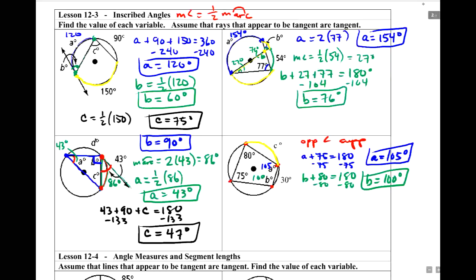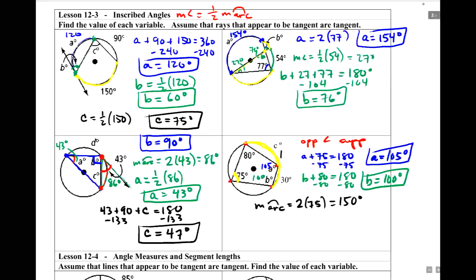Well, if I look at this whole thing and go clear around, I know that it's related to this angle right here. So that entire arc, the measure of my arc, is going to be 2 times my angle, so that's 2 times 75 is 150 degrees.